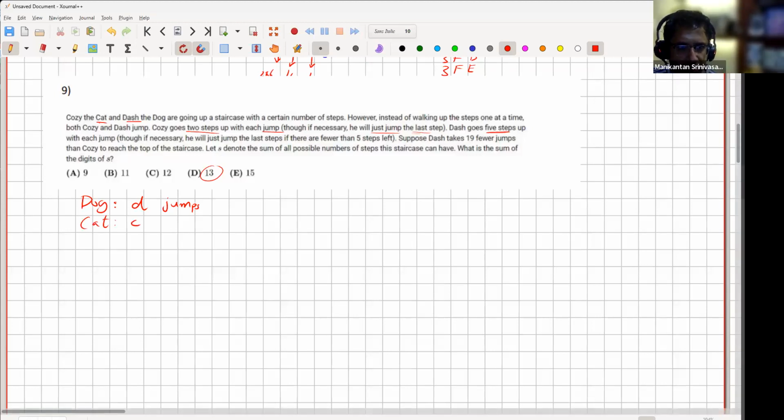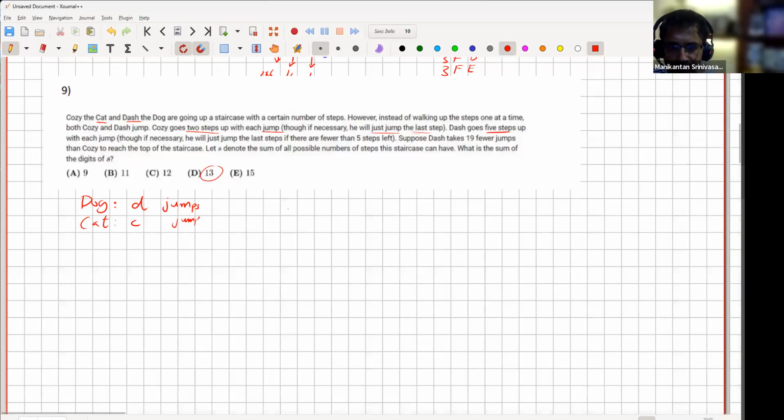What is he calling them, jumps or steps? Steps with each jump. Okay, he's calling it the same as jump, 5 steps with each jump. So we know that the cat requires more jumps. The dog takes 19 fewer jumps than this. So D is C minus 19.